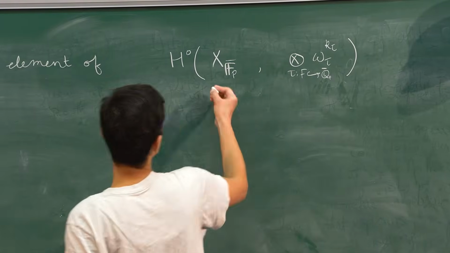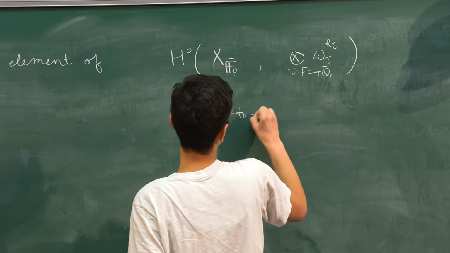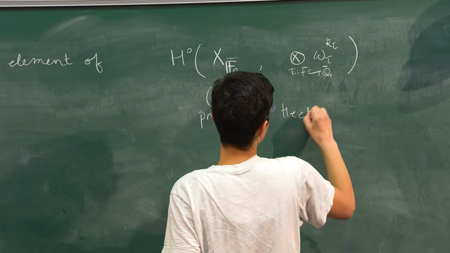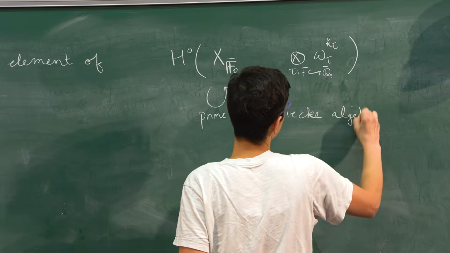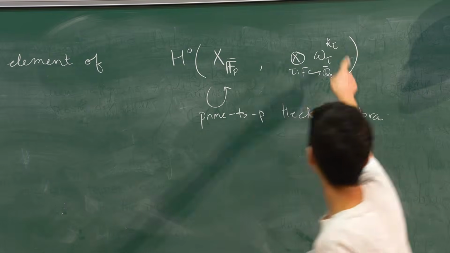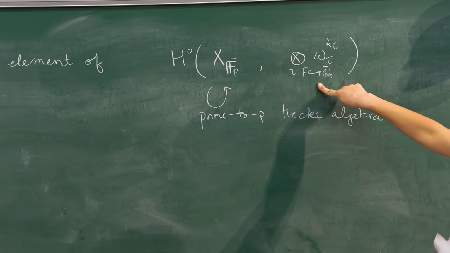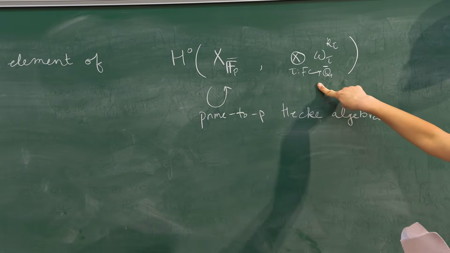Okay, so on this, there's an action of the prime to p Hecke algebra. I should also say that I can twist this line bundle by another line bundle, which is non-canonically isomorphic to the structure sheaf.